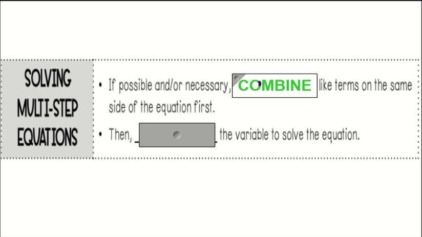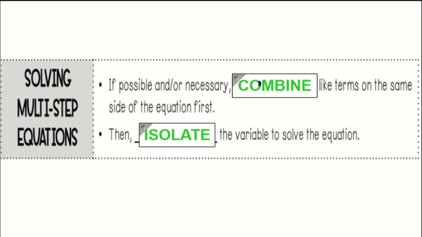And even before that, I kind of left that part off, you want to distribute if there's any parentheses. Once you've got that done, you're isolating the variable, solving the equation. You know, trying to get the variable by itself by doing opposite.